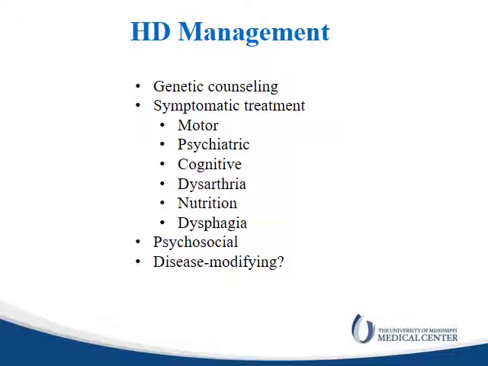The management of HD includes a multidisciplinary approach, including genetic counseling, symptomatic treatment of motor, psychiatric, and cognitive symptoms, and psychosocial intervention. Disease-modifying medication is an active area of research, but not available now.